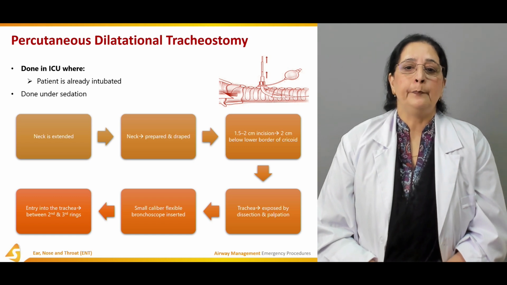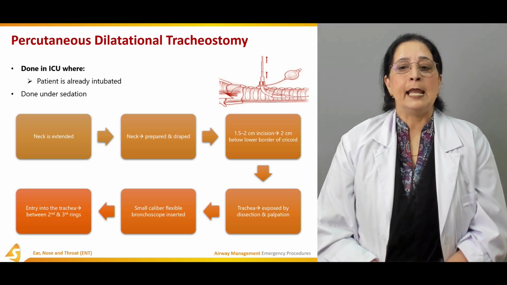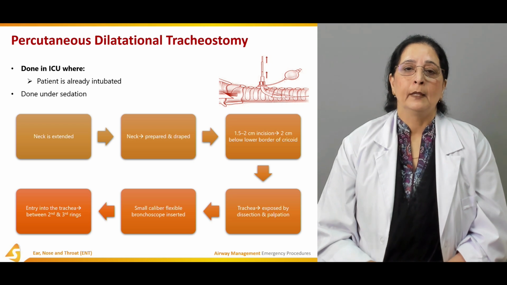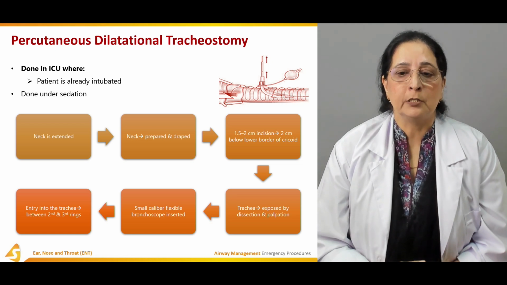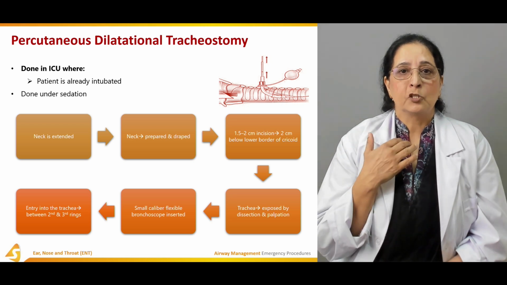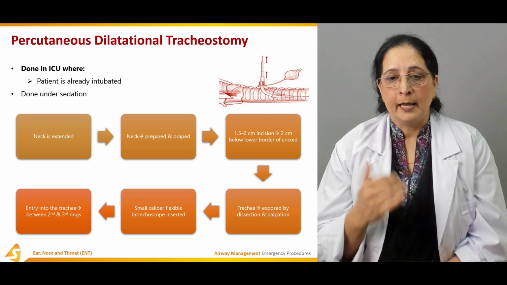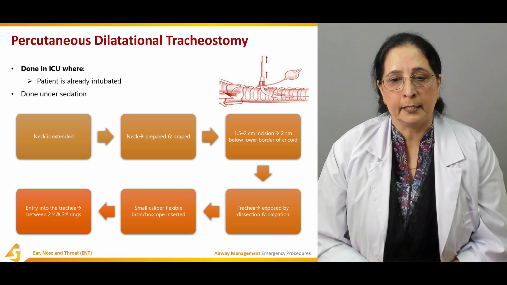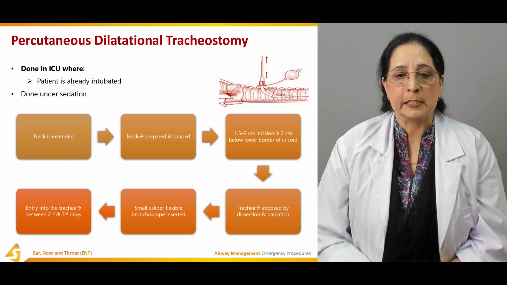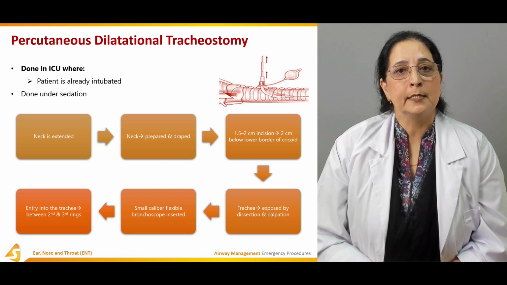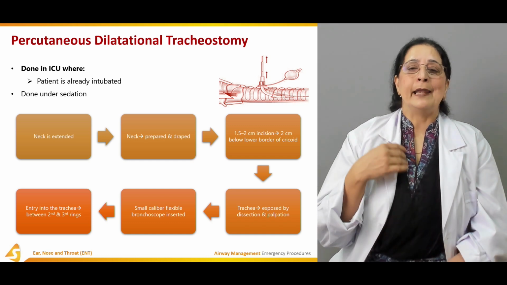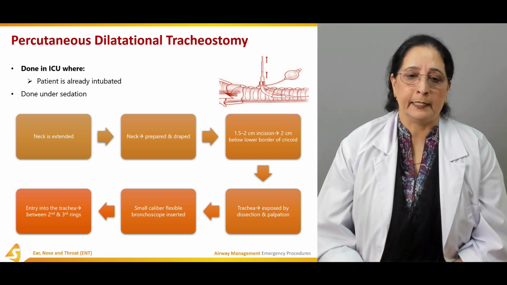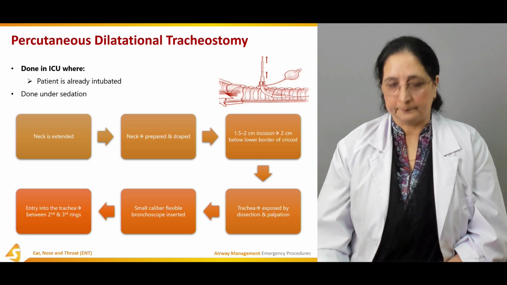So this is the percutaneous dilational tracheostomy. In the ICU, if the patient is already intubated, a small incision is given and then the catheter is inserted. A small caliber flexible bronchoscope is inserted to enhance ventilation.